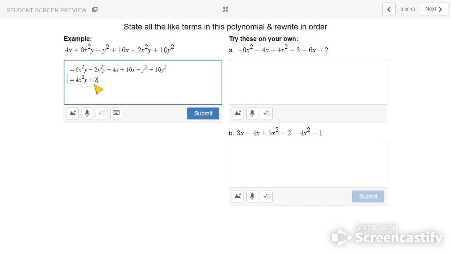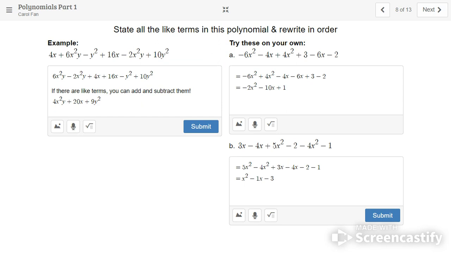That gives us 20x. And finally, negative 1y squared plus 10y squared. So positive 9y squared. Pause the video and try these on your own. Right here are the solutions to the first two that I wanted you to try on your own.